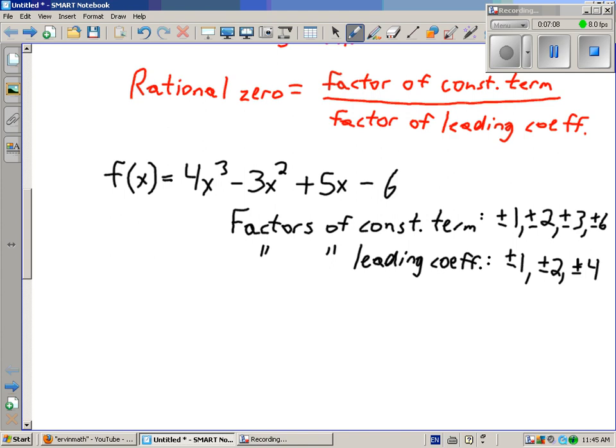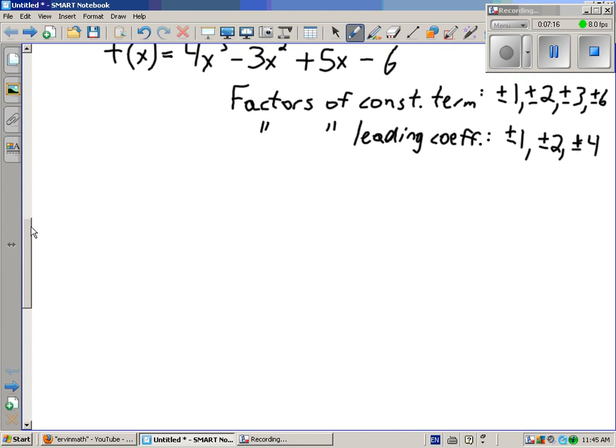Notice how I didn't repeat that 2. We don't have to, because 4 is 2 times 2, we can just list the 2 once. We don't have to repeat it. Well, what this means is that we have a list of possible rational zeros.